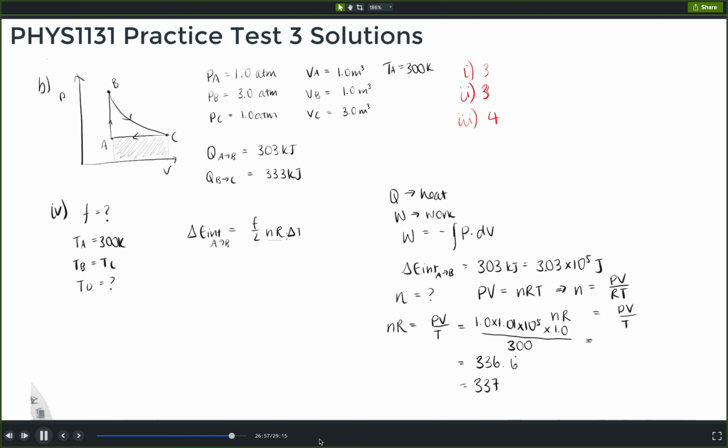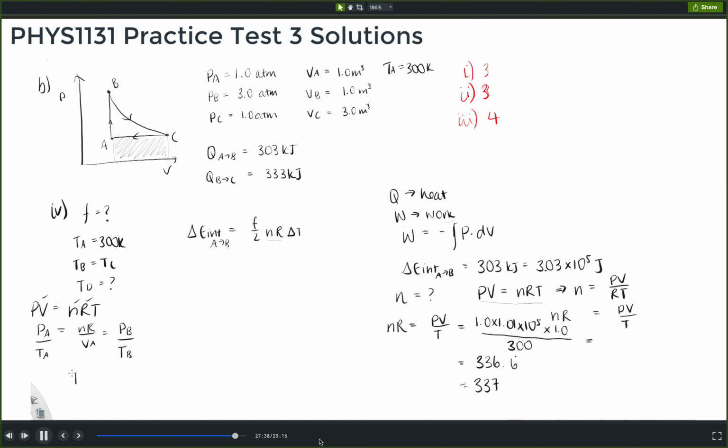We now need to work out what the temperature at B is. We know that PV equals nRT, and we can use this to work out what the temperature at B is. We know that the process from A to B is isovolumetric. Let's rearrange. PV equals nRT. We know that this is constant, and this is constant. So what we can say is PA over TA equals nR over VA. That's a constant, so that is also going to be equal to PB over TB.